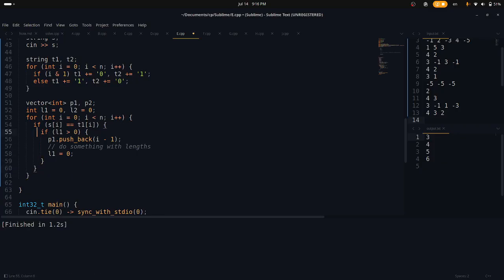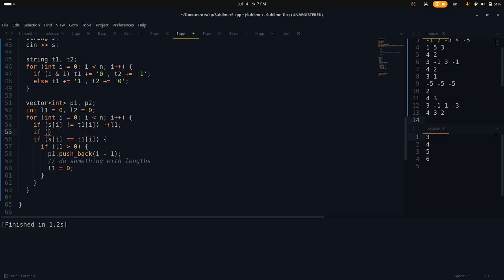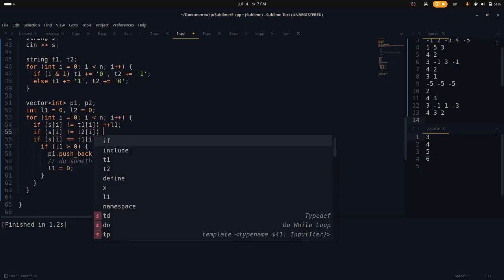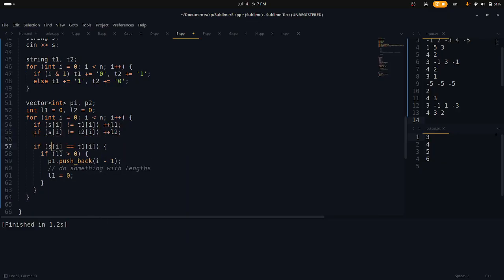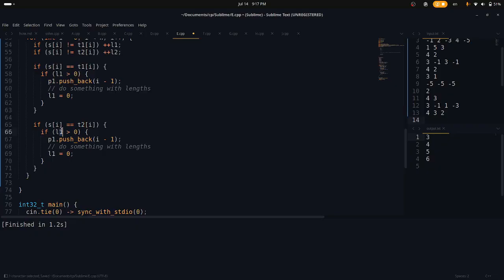Or maybe you can just do this, right? If s of i is not equal to t1 of i, if s of i is not equal to t2 of i, if i equals minus 1 or this. No wait, let's keep things simple. So this will be t2, len2 and p2.